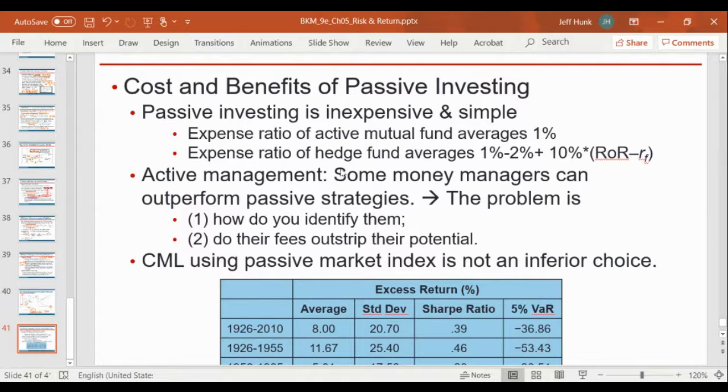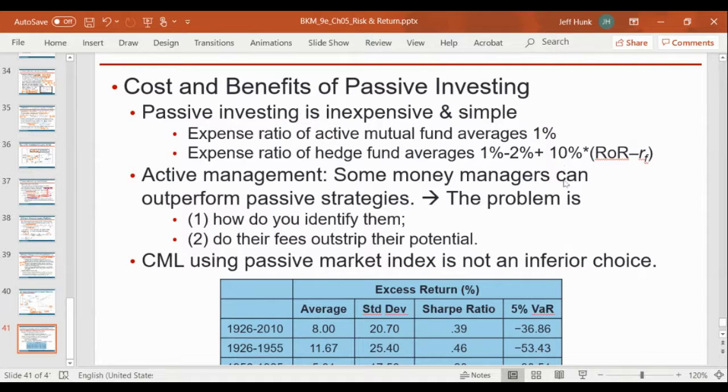And the expense ratio of hedge funds averages 1 to 2% plus 10% of your excess return. 2% is already twice the average mutual fund fee, and then they assess 10% of the excess return. Is it really worth it?